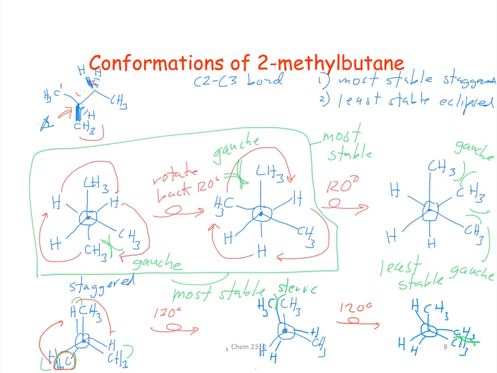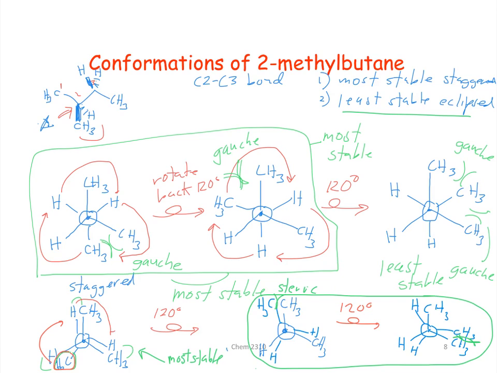So which one of these do you think would be the most stable? Okay, so the most stable would be this one on the left. And what about the least stable? That would be the same for these other two. So either one of these would be the least stable, because they're both equally unstable. They both have one situation where the big groups, the methyl groups, are eclipsing one another, creating a lot of steric strain.